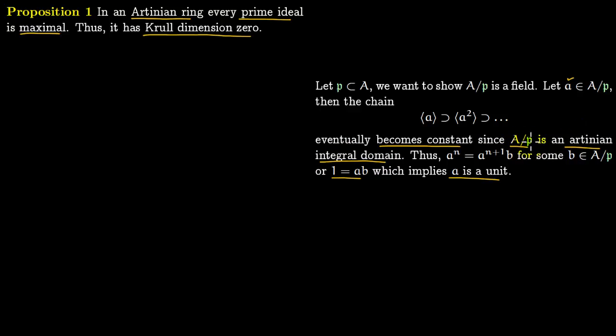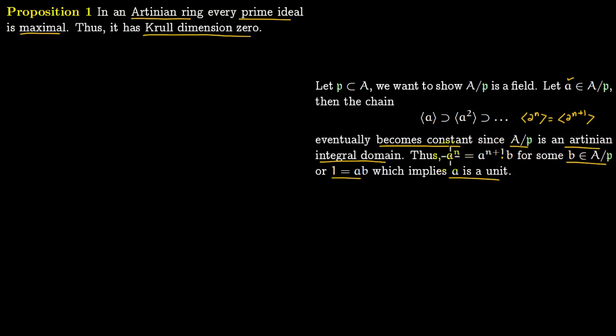So if you modulo P out, this will also be Artinian, simply because the lattice of ideals in A will descend to the lattice of ideals in A modulo P, and all those ideals contain P. So thus this chain will become stable at some high power n. So at that power n, we will have (a^n) equal to (a^(n+1)) and so on. So that is, a^n would be equal to a^(n+1) times b for some b in A modulo P.